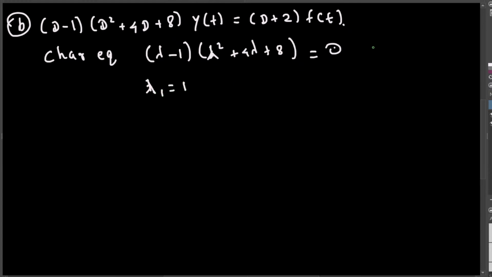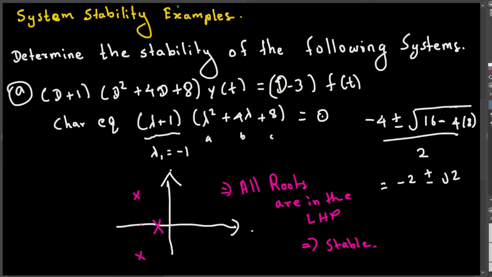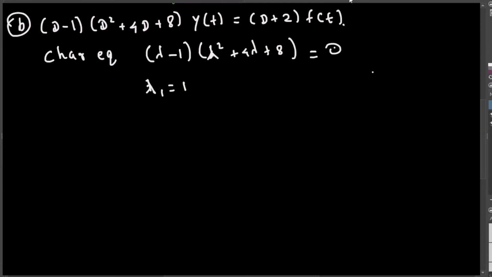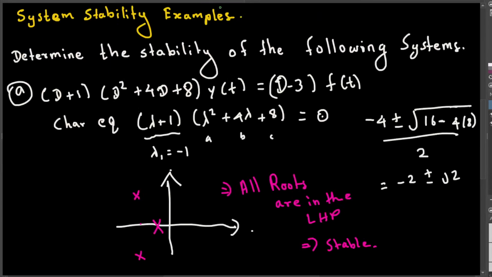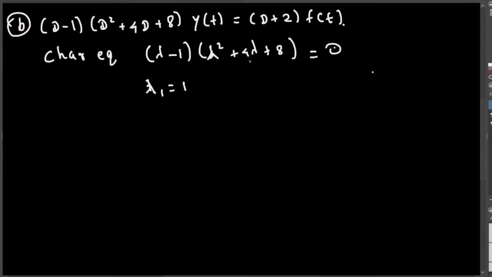And to find the others, we have to use minus b plus or minus the square root of b squared minus 4c. Yeah, that's the equation. If you look at this one and the previous one, it's almost the same.